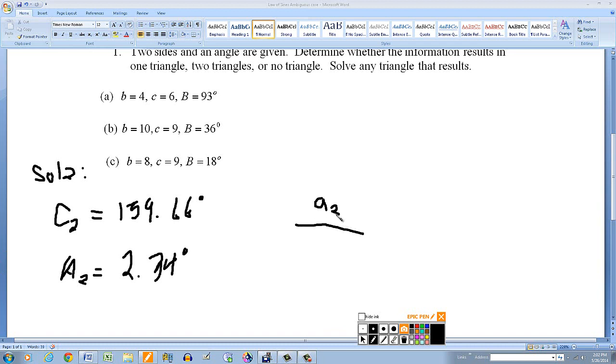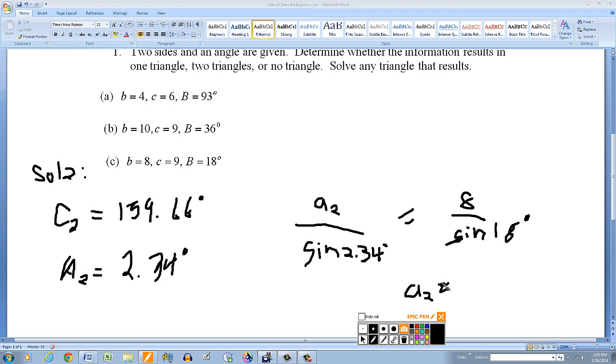Using the law of sines, A2 divided by the sine of the angle opposite, which is 2.34 degrees, is equal to another side given, 8, so we use that, divided by the sine of the opposite angle, which is 18 degrees. Okay, so use your calculator.